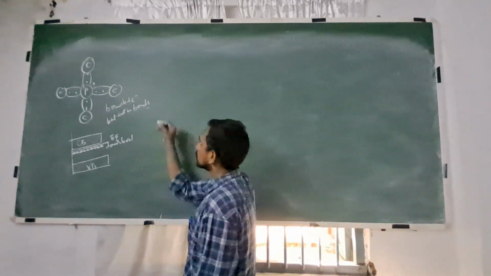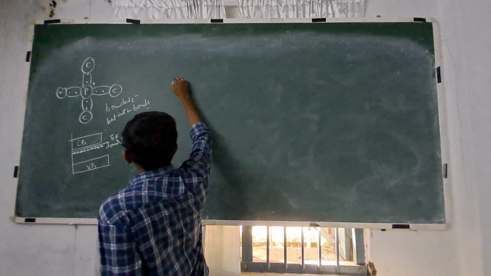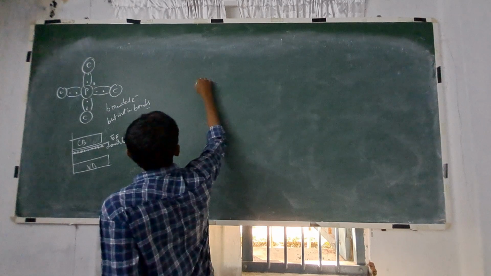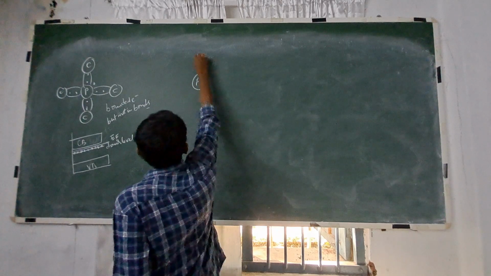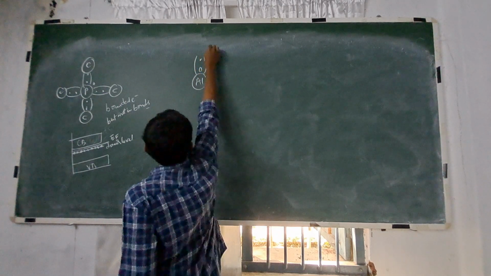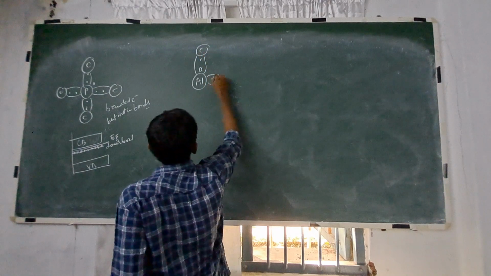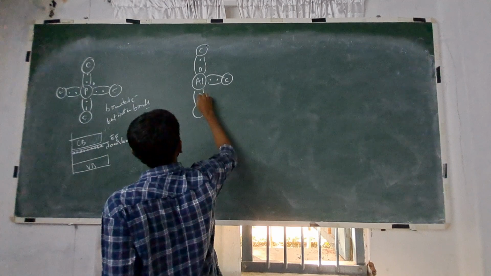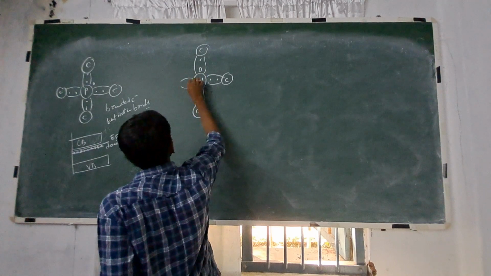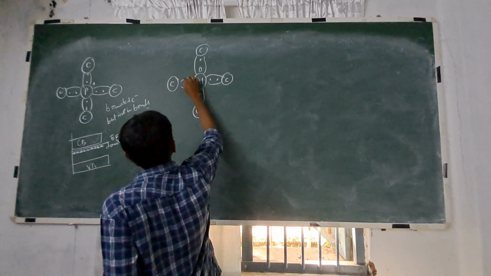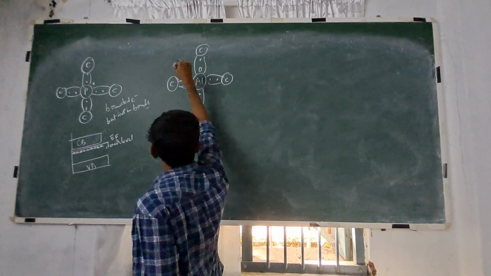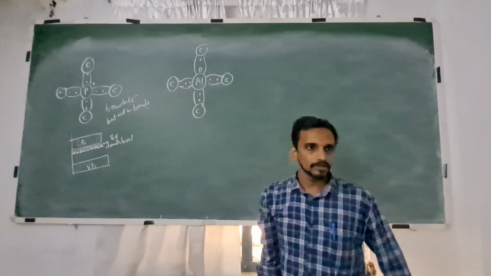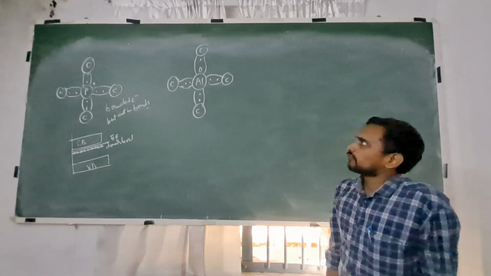So now I dope it with a trivalent impurity. So there comes a vacant space, a vacancy in the bond. A vacancy in a bond is called a hole.